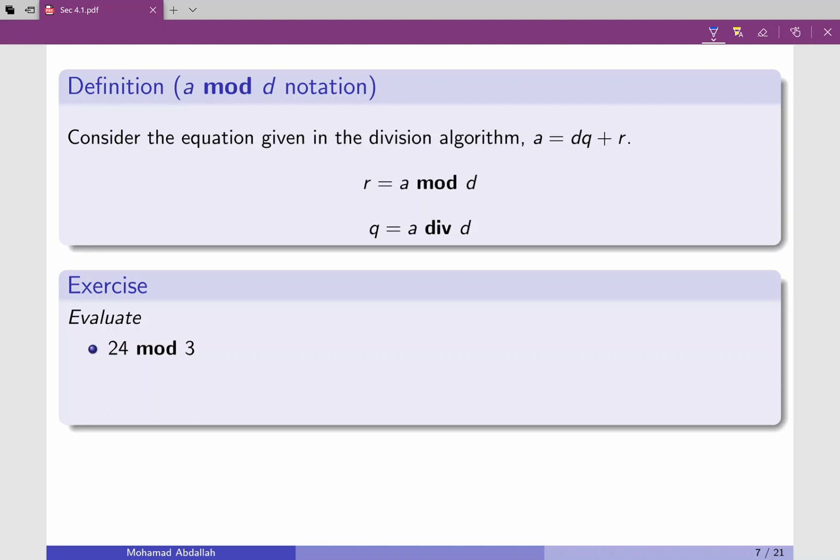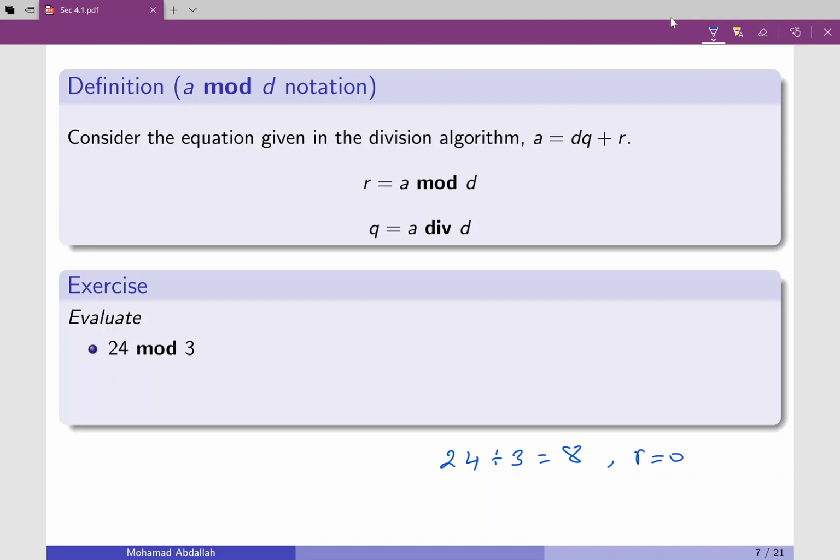So we divide 24 by 3 and we are interested in the remainder. If you divide 24 by 3, the remainder is equal to 0, because 24 divided by 3 is equal to 8, and 8 times 3 is 24. The remainder is equal to 0.